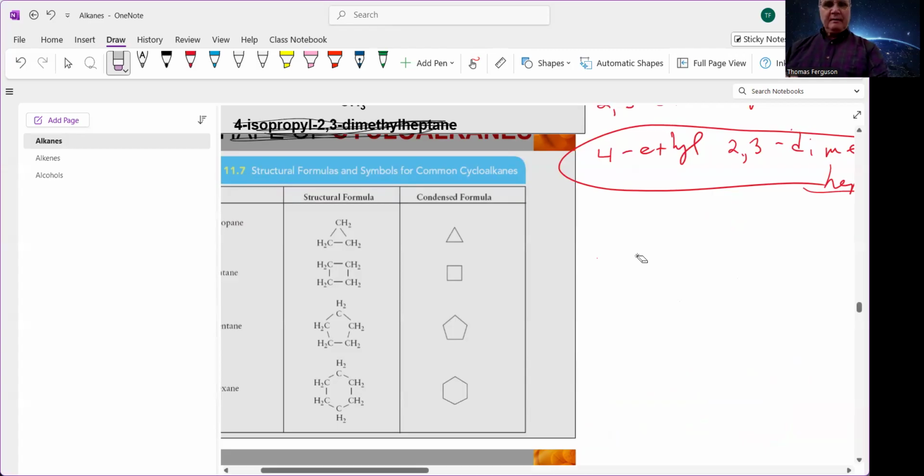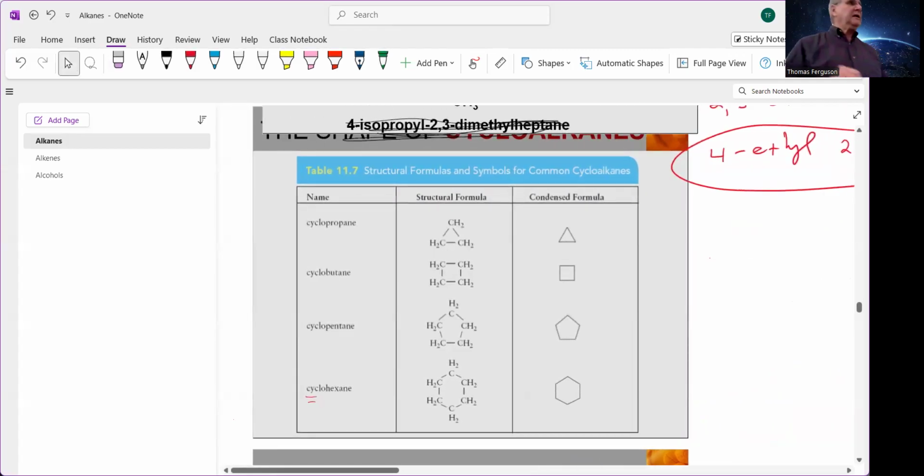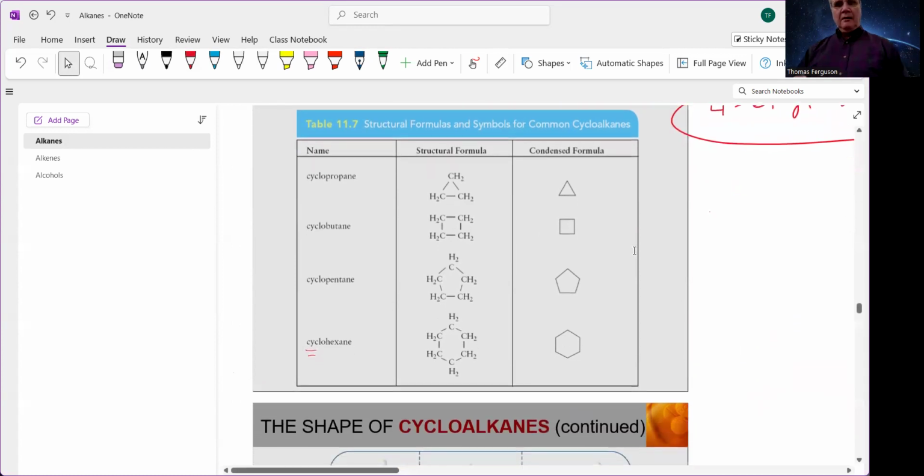Now, one thing about alkanes, alkenes, all the groups, we can have non-cyclic, we can have cyclic. Now, I mentioned that single carbon-carbon bonds can twist naturally.